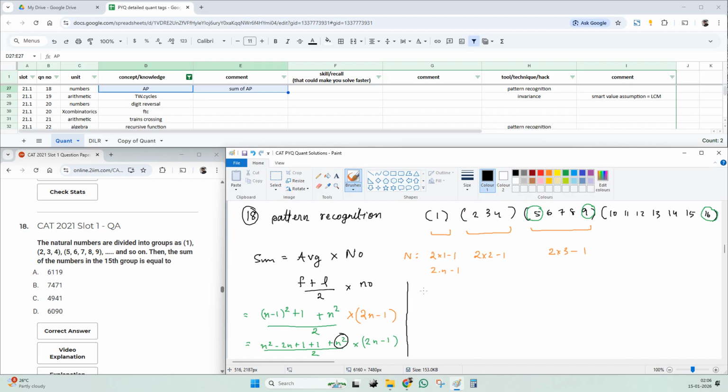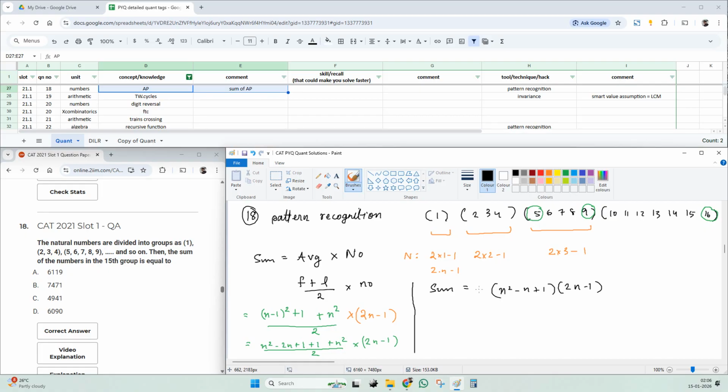You get n square minus n plus 1 into 2n minus 1. That's the expression. Let's just write it properly. Sum of the terms in the nth group is equal to n square minus n plus 1 into 2n minus 1.